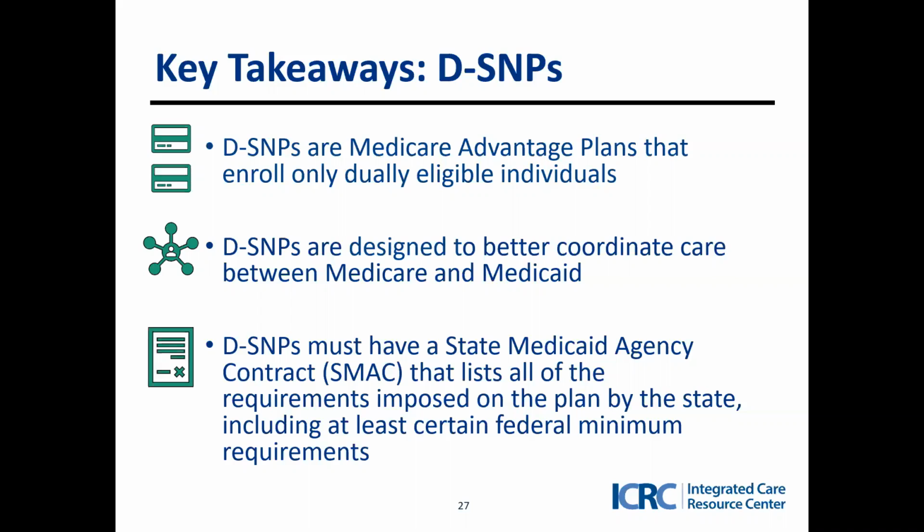And finally, with one of those additional requirements, D-SNPs must have a contract with the state Medicaid agency, a SMAC, where states can define their requirements for coverage and coordination of Medicaid benefits in addition to the federal minimum requirements. So now I will turn things over to Giselle to discuss D-SNP contracts in more detail.